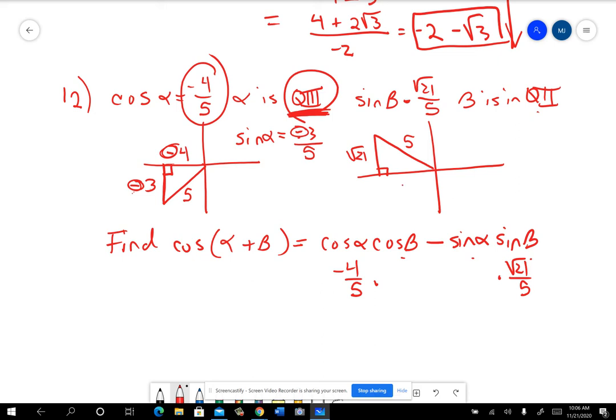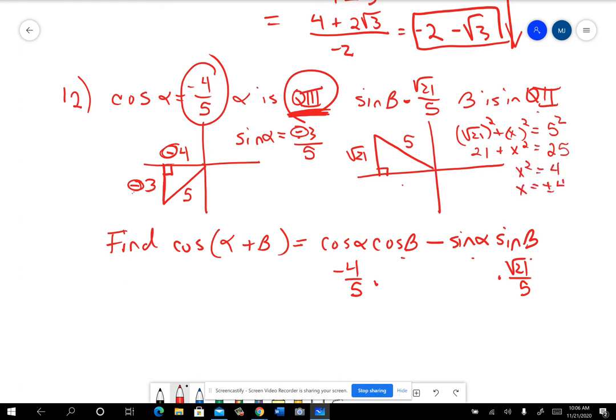I'm looking for that missing piece, and that one's not as obvious to me, so I'm going to have to set it up. So I know that square root of 21 squared plus something squared, I'll put a little x in there, is going to have to equal 5 squared. And square root of 21 squared is going to be 21. 5 squared is 25. All right, so x squared is 4.